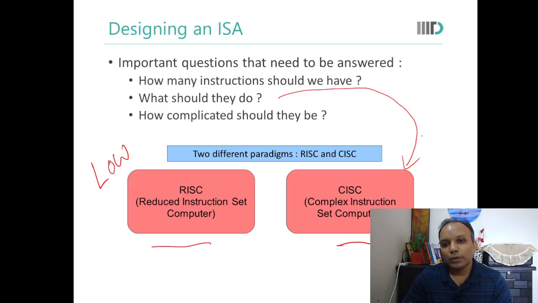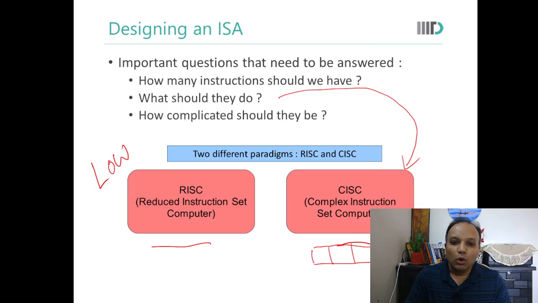Let us say in your program, you need to do some kind of sorting operation, and you need to do it very frequently. So, you have an array of numbers and you need to sort those numbers very frequently. Now, you can think of having one single instruction where the input to that instruction is an array, and you say, okay, sort this array.